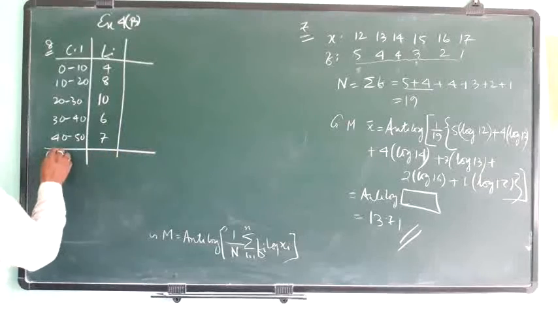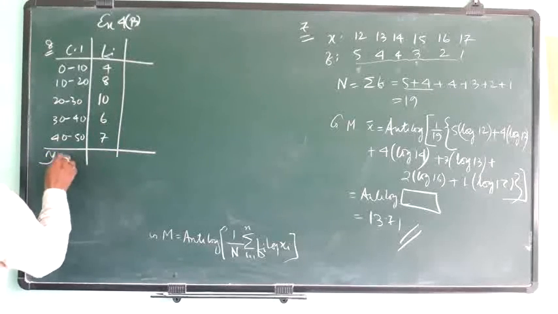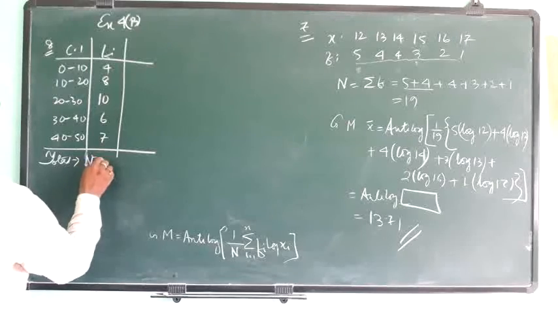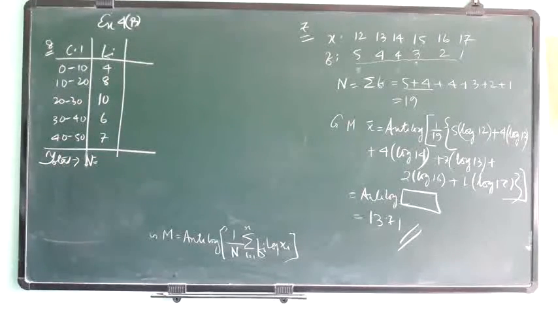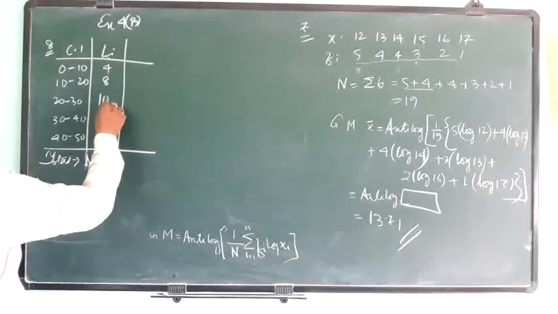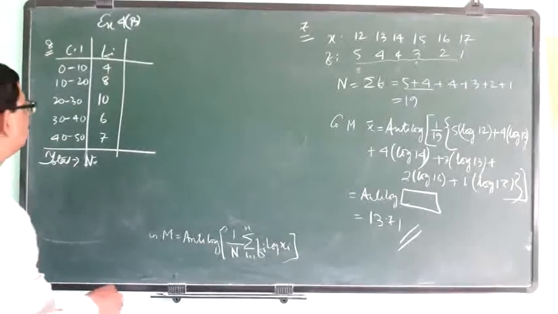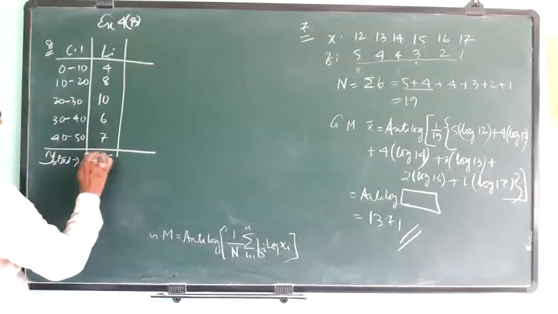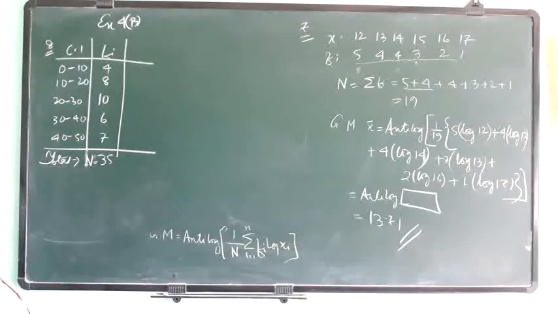If we total these frequencies, this is our n. N is the sum of frequencies. So if we add, it will be 4, 8, 12, 22, 28, and then 35. So it is the sum of the frequencies.